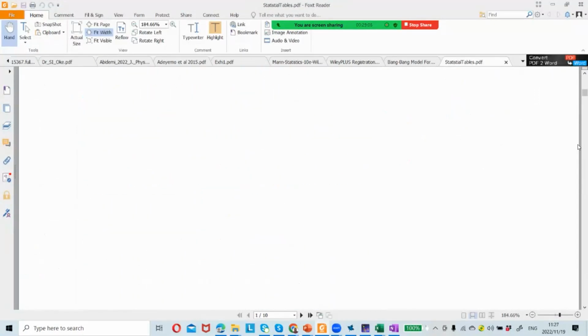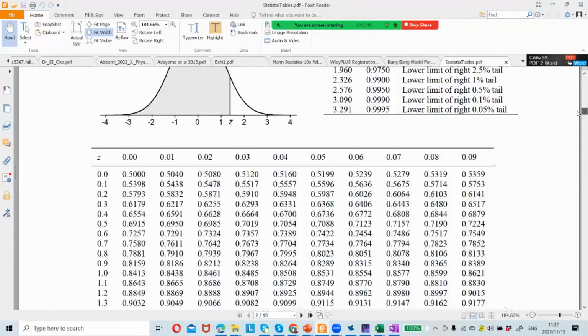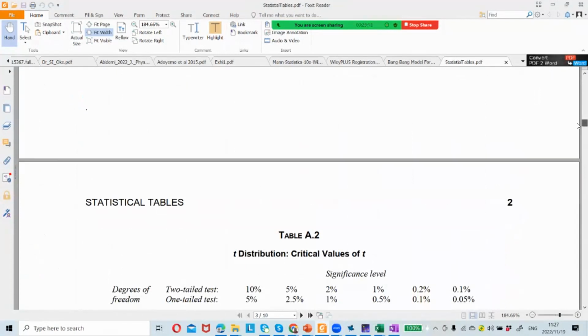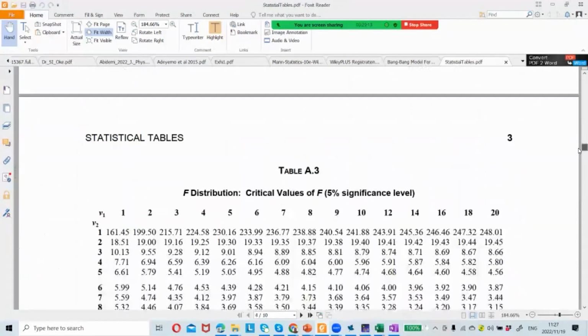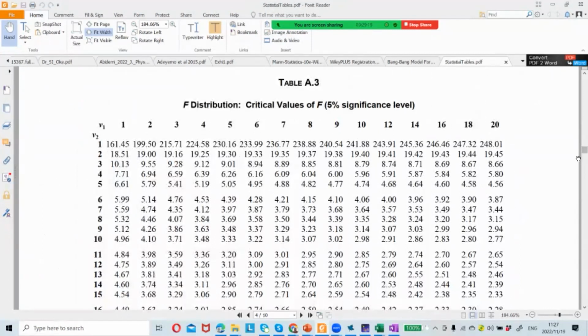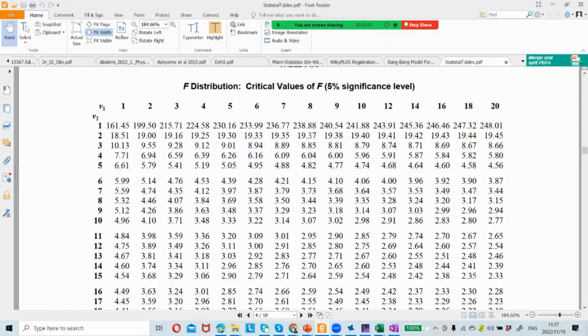Okay, we have the F distribution here. Can you see my screen? Yes, sir. So we have our F distribution. Under the F distribution, we have 5%, which is 0.05, right?